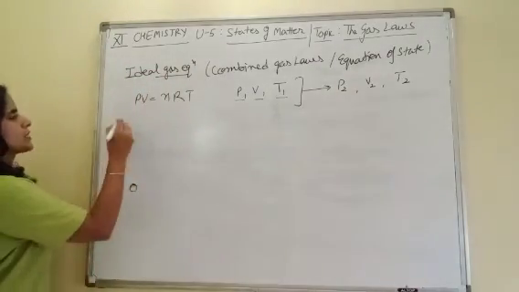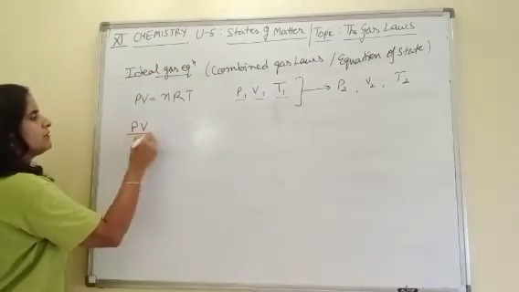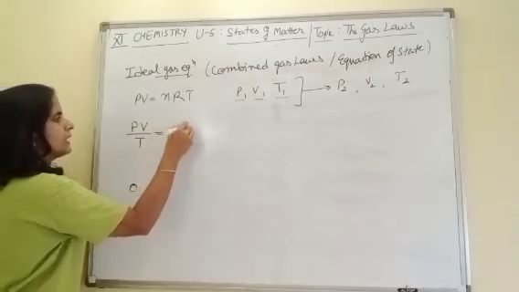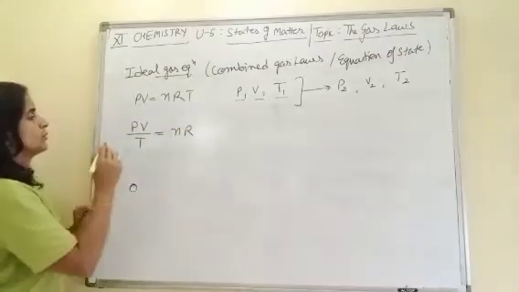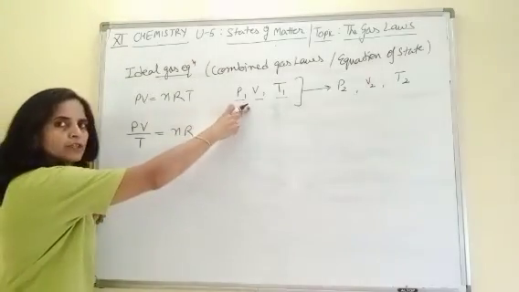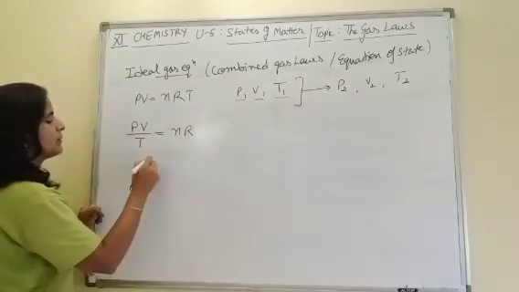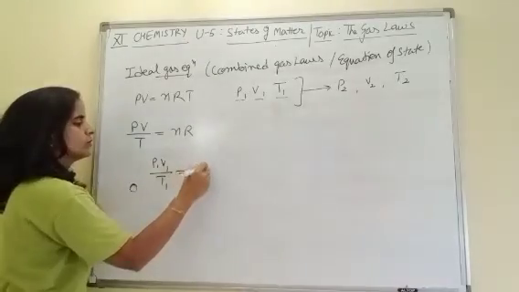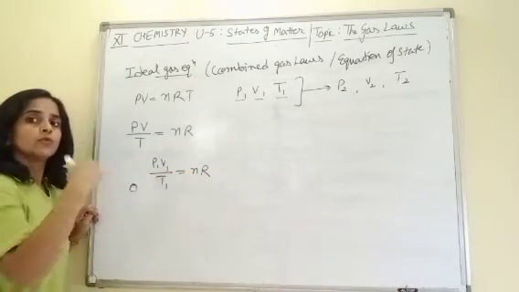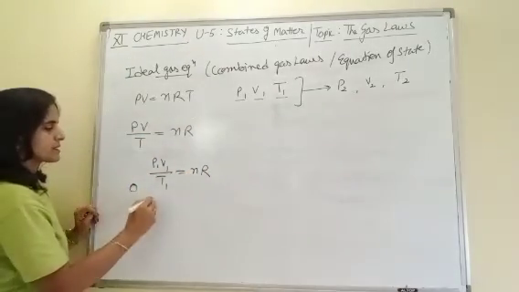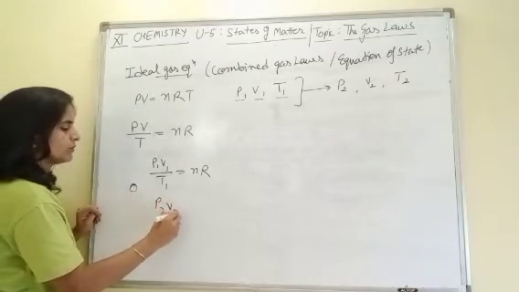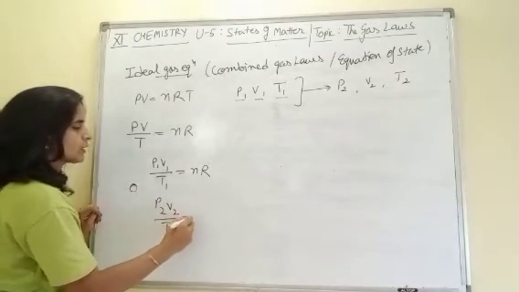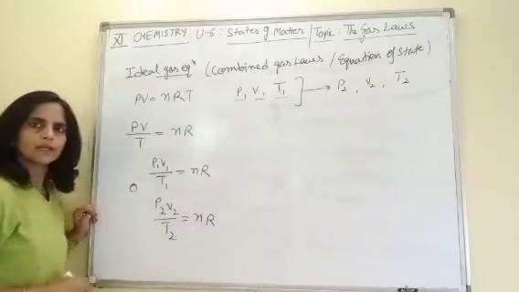Now from this equation, I may write PV by T equals nR. For first set of parameters, I may write P1 V1 by T1 equals nR. For second set of parameters, I may write P2 V2 upon T2 equals nR.